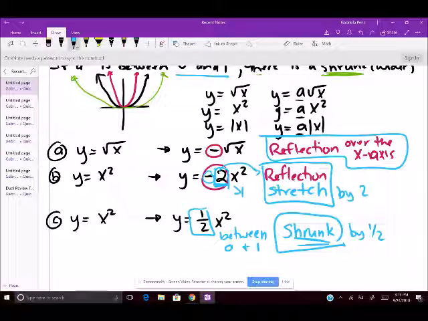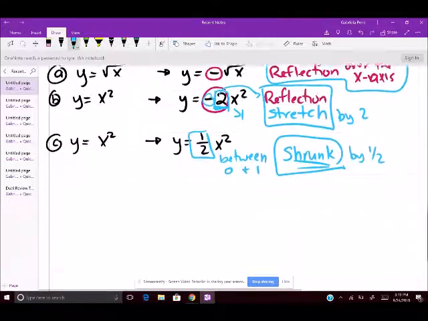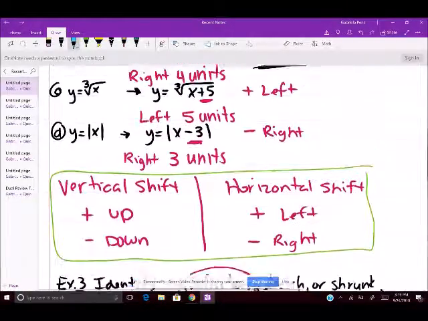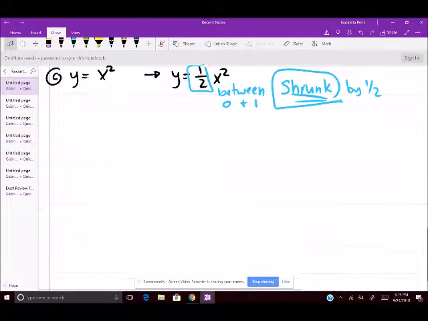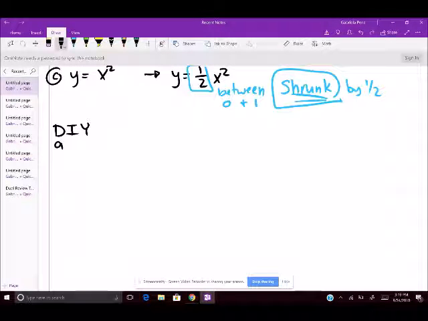So let's try to do a combination of all the things we learned in example 1, example 2, and example 3. So let's try some DIYs. So let's look at the first one.